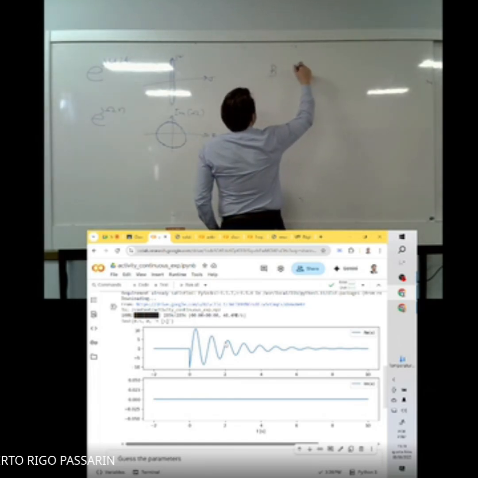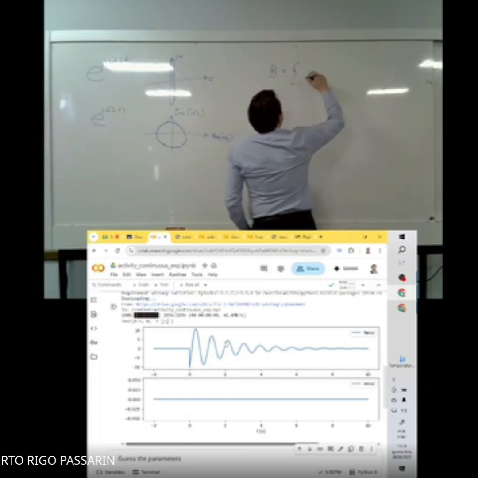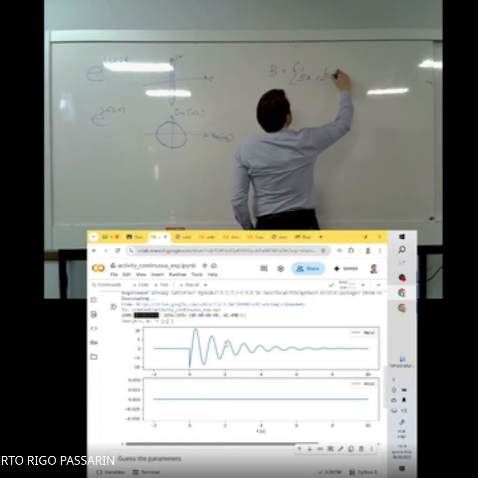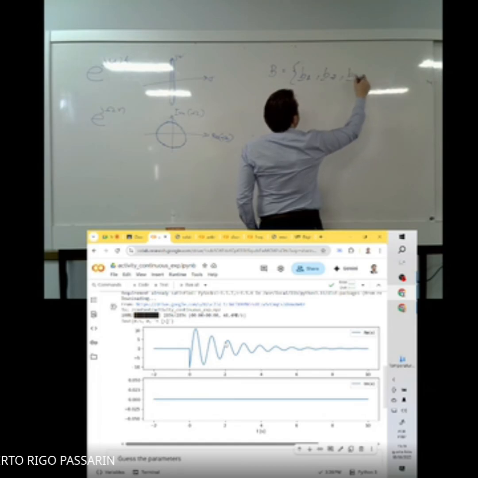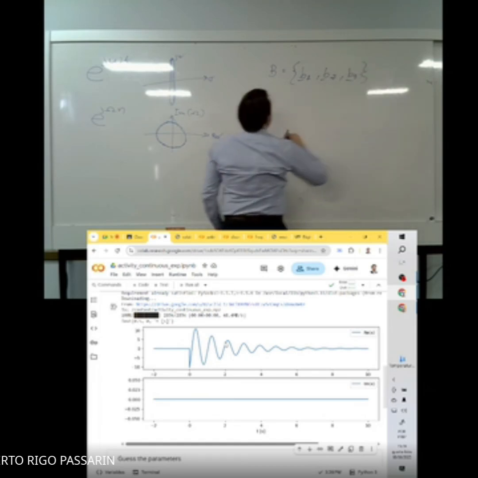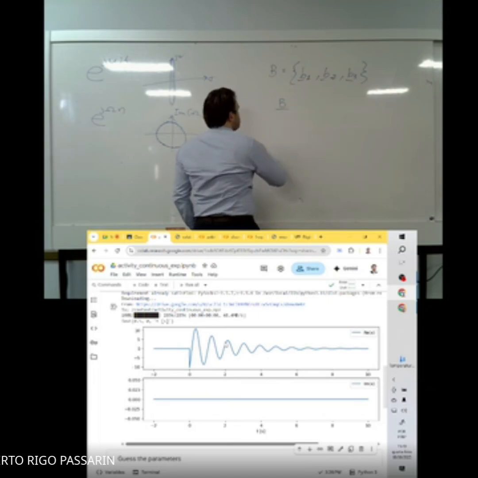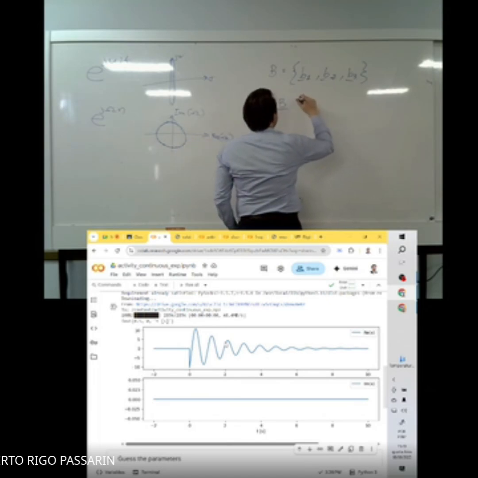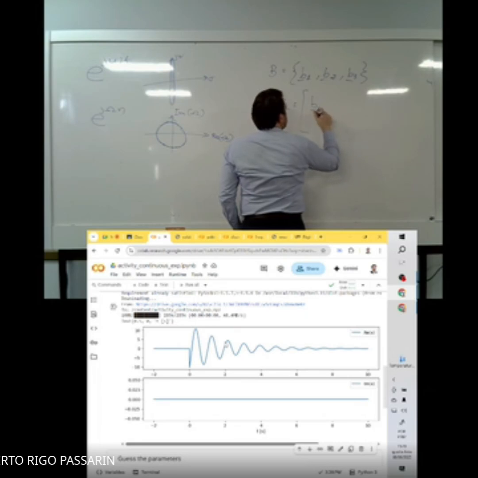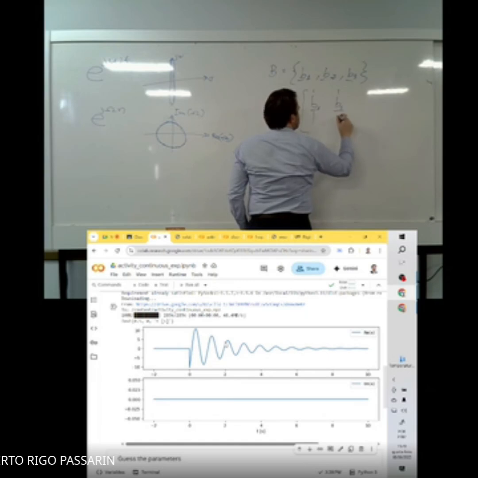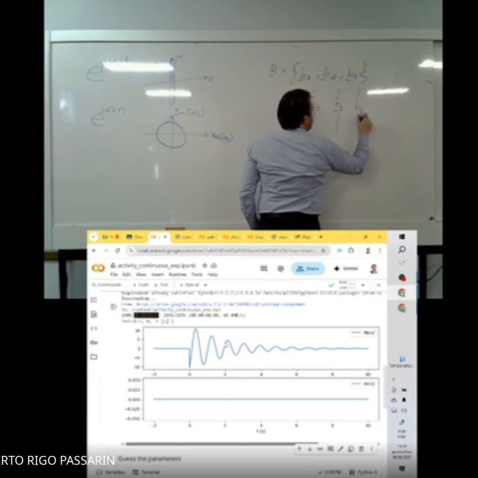Say I have a basis composed of vectors b1, b2, b3. I can form the matrix B, which is vector b1 in the first column, vector b2 in the second column, vector b3 in the third column.